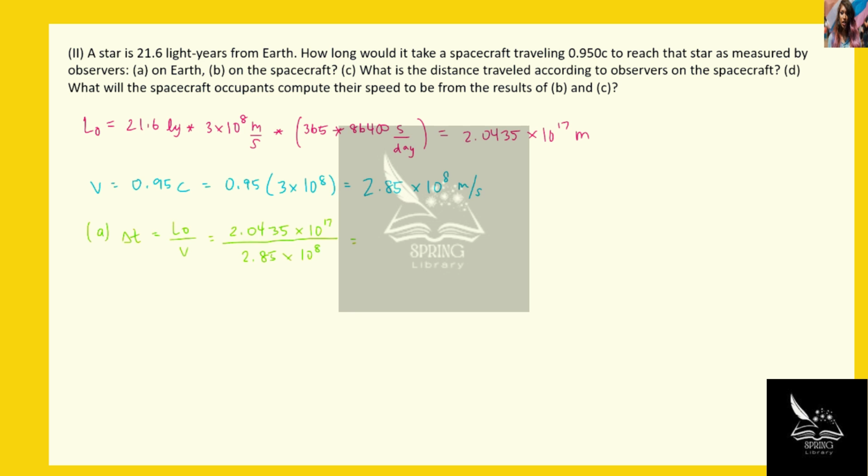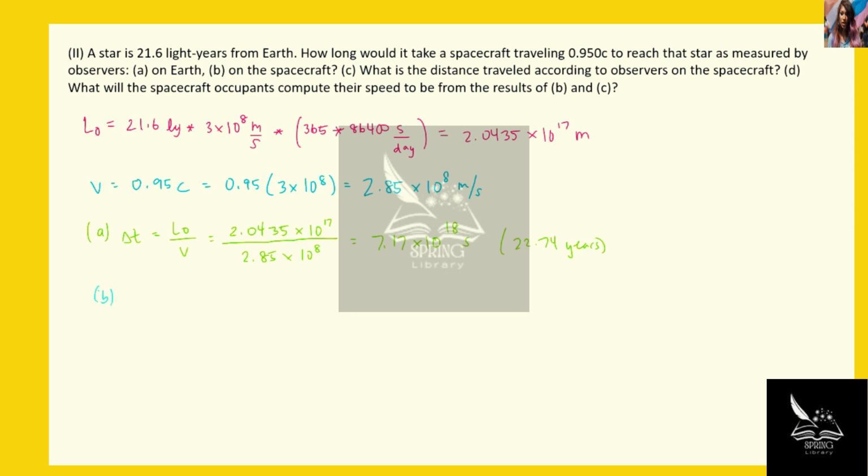And that gives us 7.17 times 10 to the 18th seconds. And again, dividing that by 365 times 86,400 tells me that that looks like 22.74 years, just because we want to be able to compare nicely.